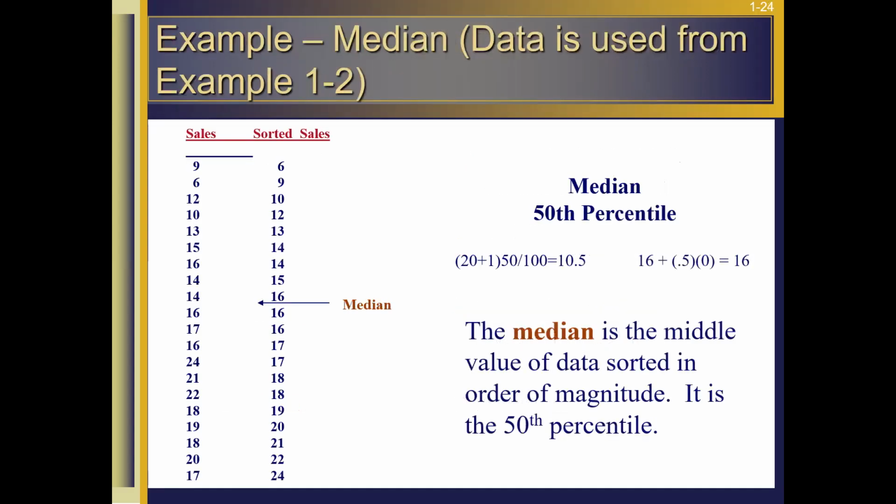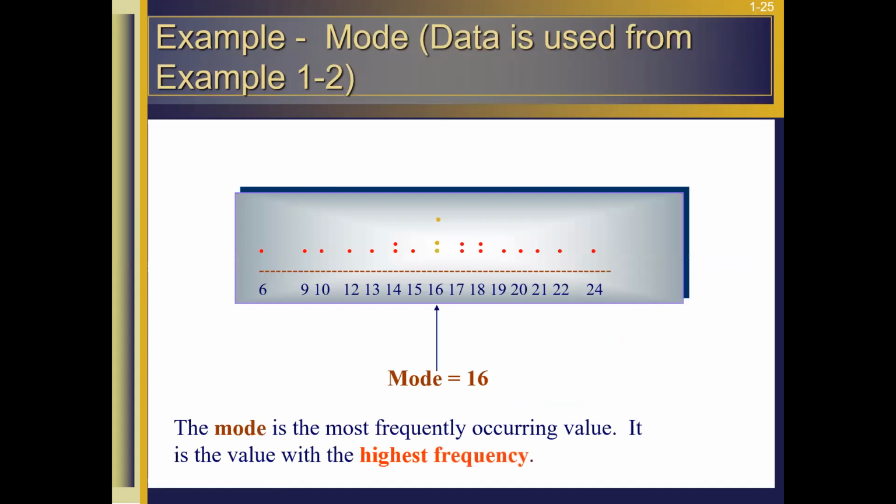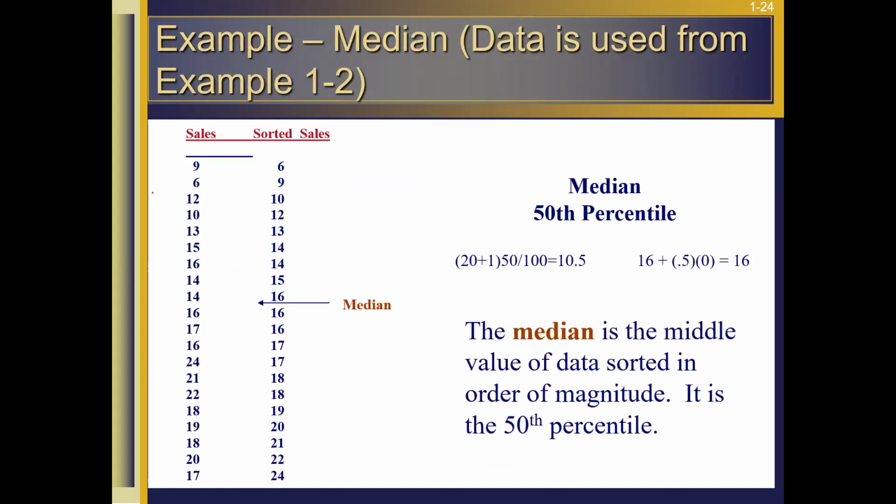Okay, let's see now how we can find the median. The median is the middle value of the data set, or the 50th percentile. In the given sorted data set, the median is located here, and the position is 10.5.